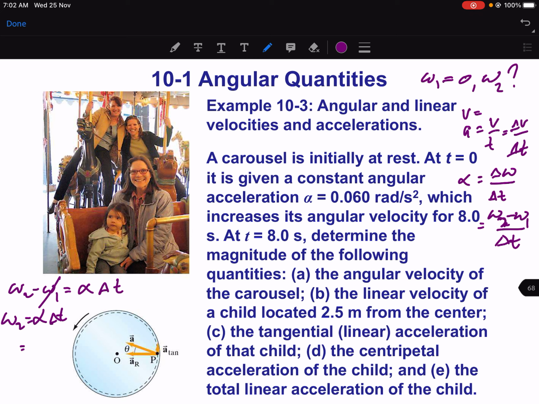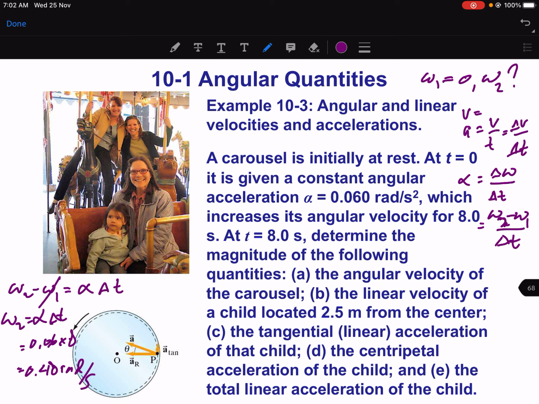Alpha is 0.06, delta t is 8. Okay, so you will get around 0.48 radian per second. Okay, that is for A.